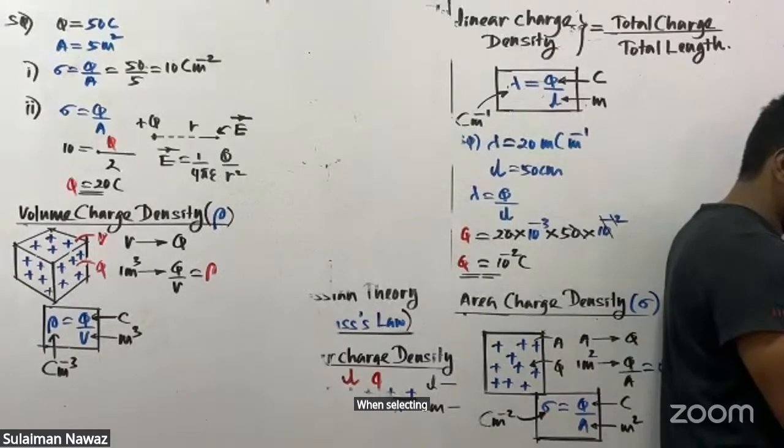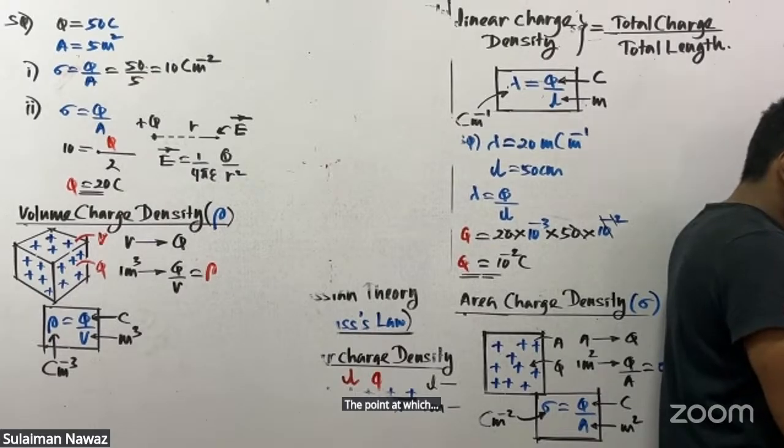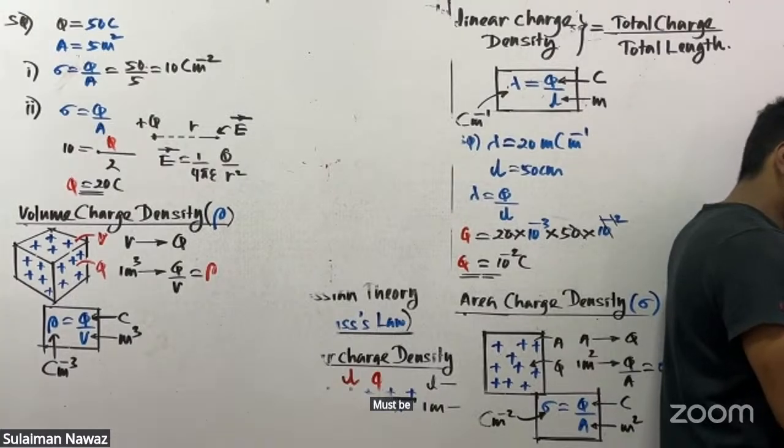When selecting the Gaussian surface, the point at which the electric field intensity is to be found must be on this surface. Highlight the entire sentence.